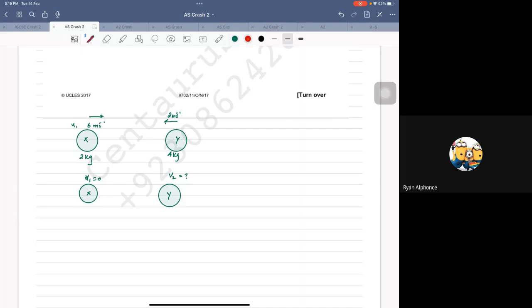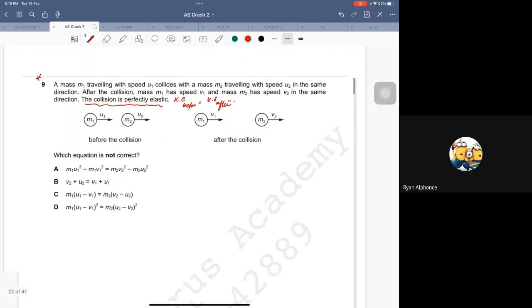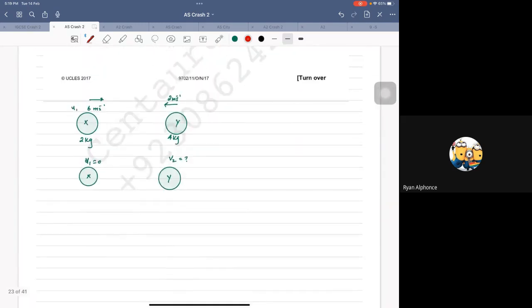So the first step is that you always assign the directions. Okay, and how do we do this? We can take this side as positive and this side as negative, because it really depends on the type of question we're solving.